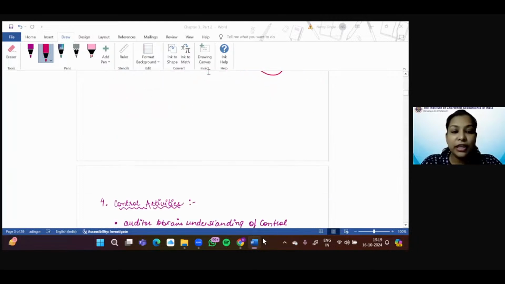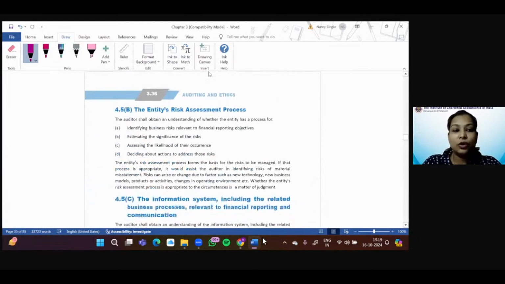So this point is talking about what? The entity's risk assessment process. What we are trying to understand are the components of internal control of the organization. So who is responsible for design, implementation, and maintenance of internal control? It is the management, right? The entity basically.